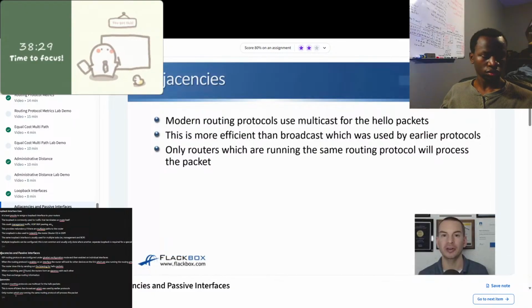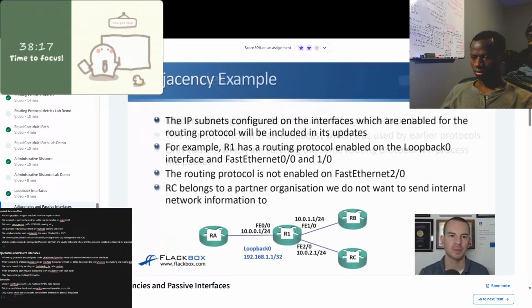So a device is only going to process that packet if it's interested in forming an adjacency with that routing protocol, unlike broadcast traffic that has to be processed by all hosts. So it's more efficient.